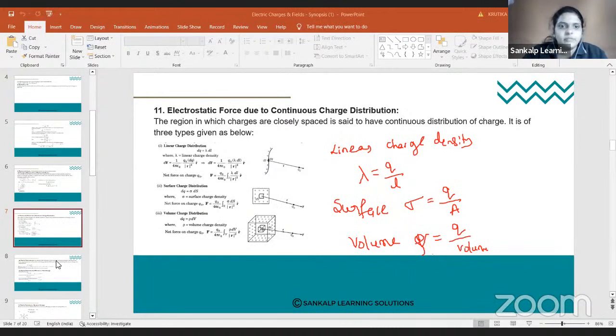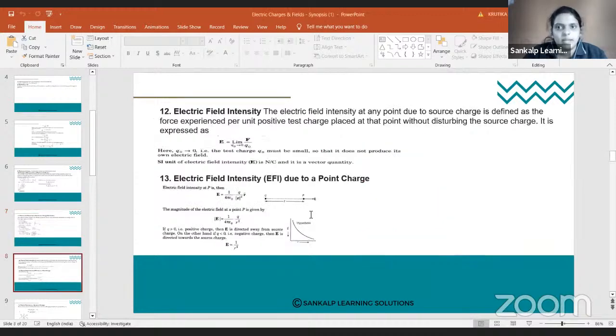That is electric field, we will study. So let us just look at the formulas now. So what is electric field? The area or the region around the electric force is called as electric field. Here we will study two formulas. One is electric field is equal to force per unit charge. One more is electric field is equal to 1/4 pi epsilon naught q by r square.